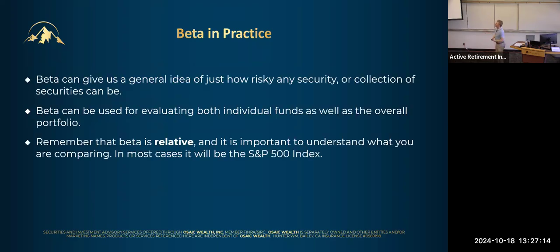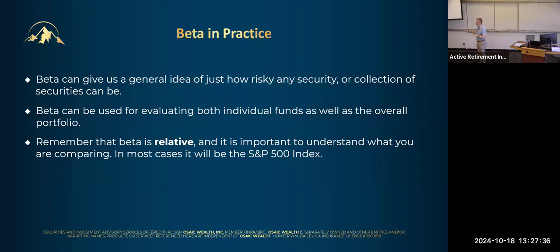So beta can give us a general idea of just how risky any security or collection of securities can be. It can be used for evaluating both individual funds and even stocks, but I don't really like using beta for individual stocks, because beta becomes very not useful when it's non-diversified.